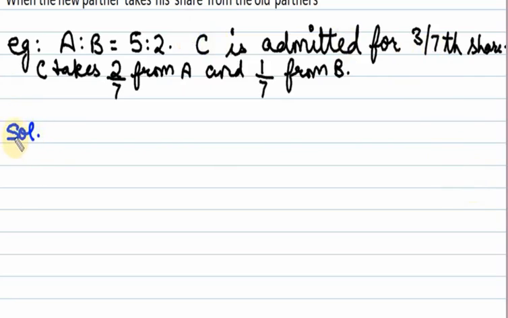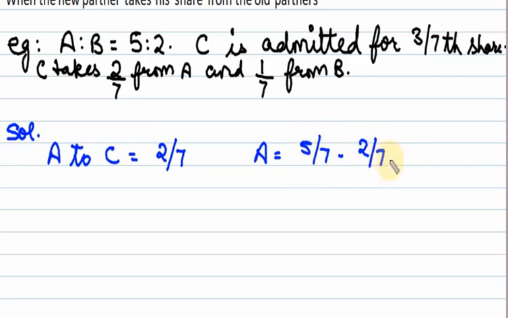So here the calculation becomes very easy. We know that A gave 2/7 to C. So his share will now become, earlier it was 5/7, he gave 2/7 to C, so now it will be 3/7.